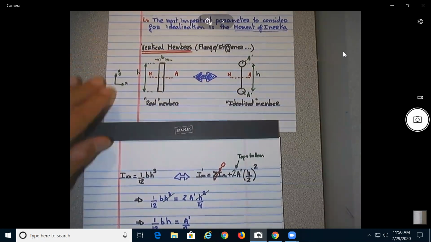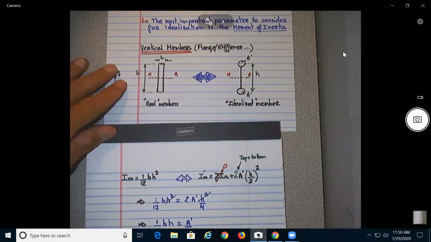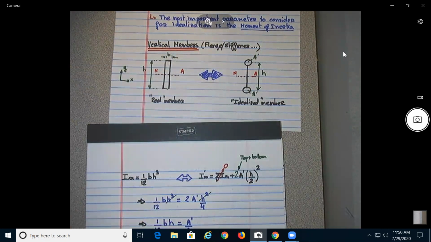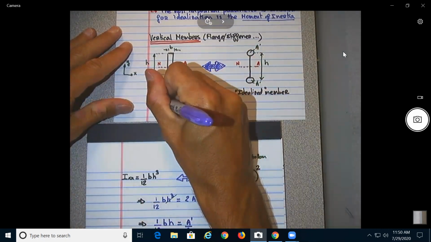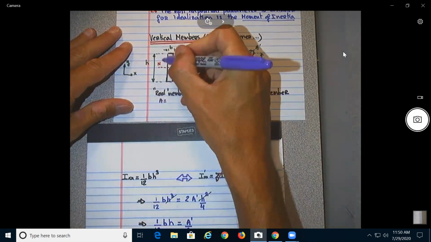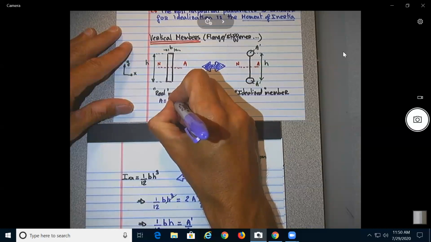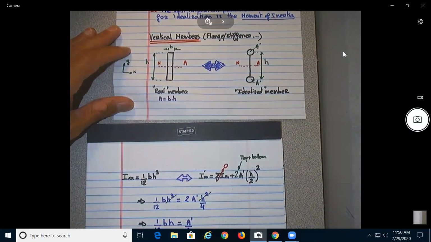Maybe we can go and put it in this figure here. All right, let's go to a different color. So for the real member, the area of this member would be what? B times H, no? Okay.